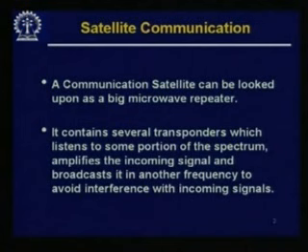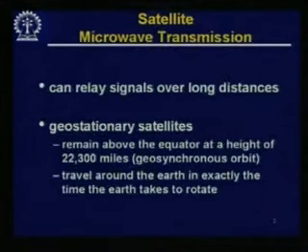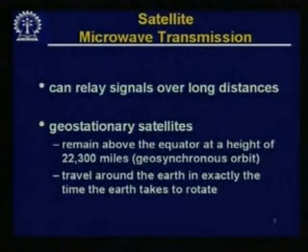Satellites are of course up there in space. It takes the incoming signal, amplifies it, and broadcasts it back. It has to broadcast in a different frequency, so as to avoid interference with the incoming signals. So, this can relay signals over long distance.